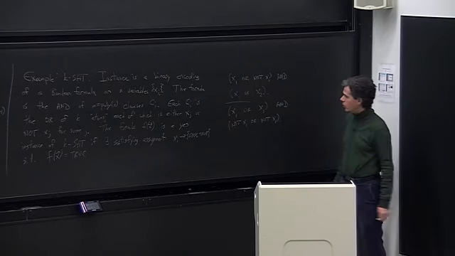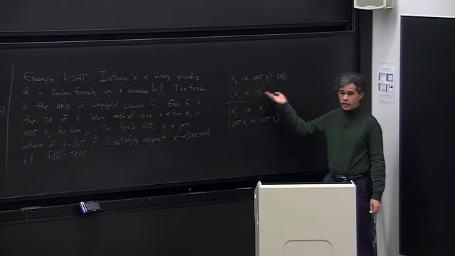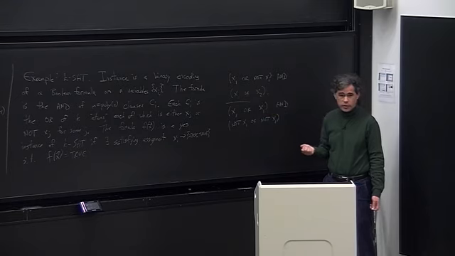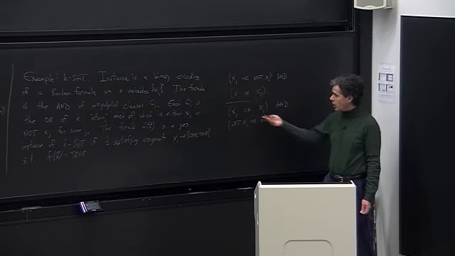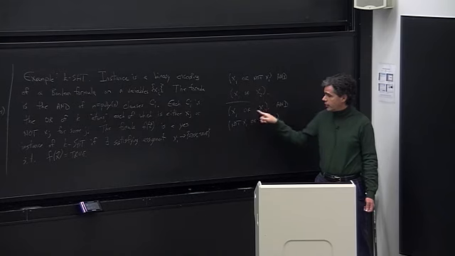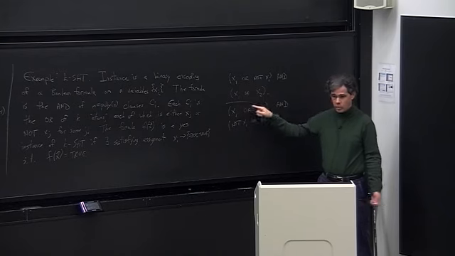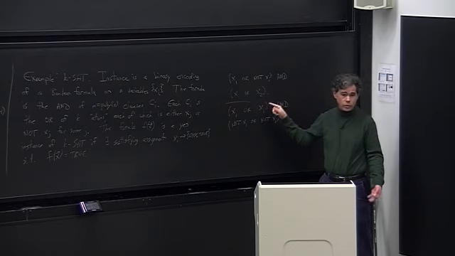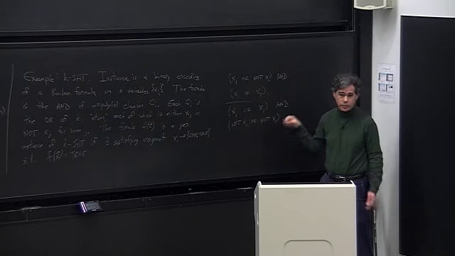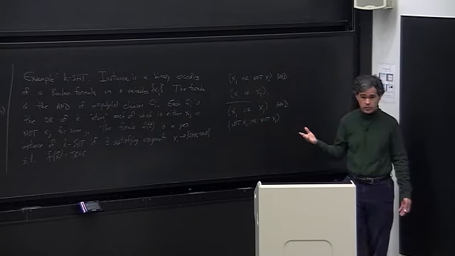In this case, I'm ignoring the second variable. It doesn't appear in any of these clauses. But the first clause is satisfied whenever x1 is true, but only then. And the second clause is satisfied whenever x1 is false, but only then. So these two things are contradictory, and there's no satisfying assignment.